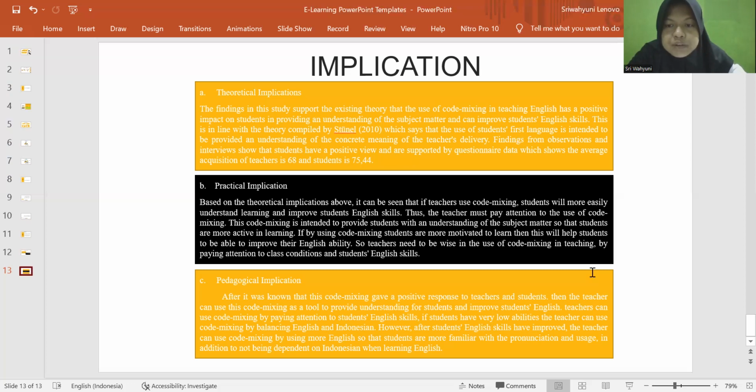If students have a very low ability, the teachers can use code mixing by balancing English and Indonesian. However, after students' English skills have improved, the teacher can use code mixing by using more English so the students are more familiar with the pronunciation and the usage. In addition, to not be dependent on Indonesian when learning English.